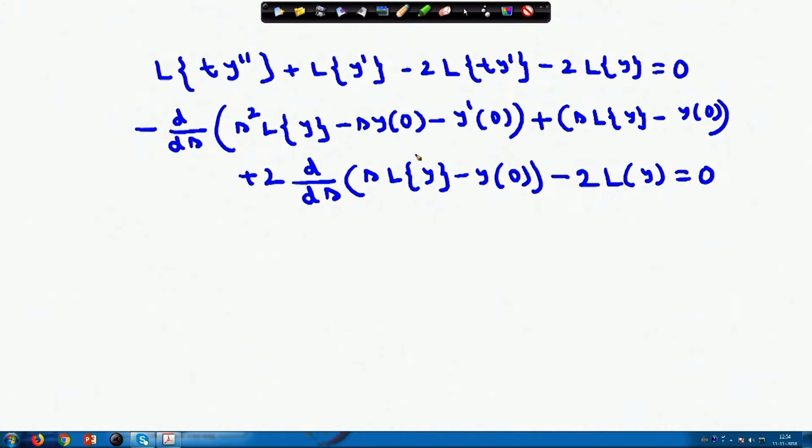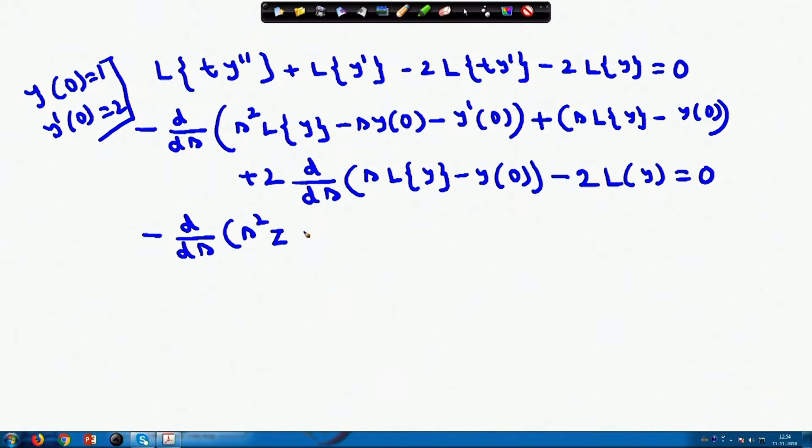Now, here you substitute the values of y naught, y 0, y dash 0 from the given condition. According to given condition, y 0 is equals to 1 and y dash 0 is equals to 2. So, if I substitute these values in the given equation, then I will obtain minus d d s of (s square z minus s minus 2) plus s z minus 1.